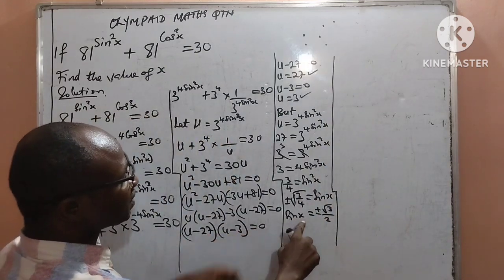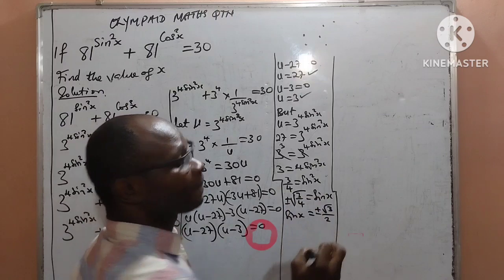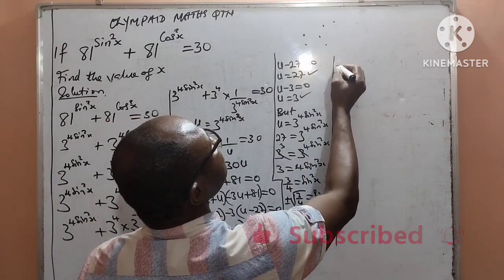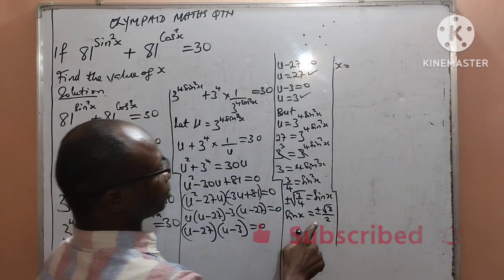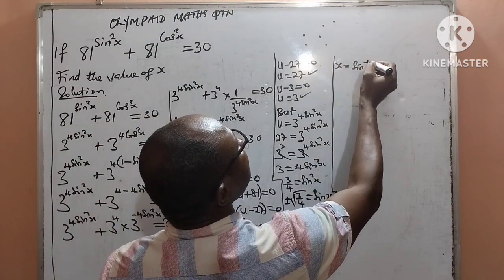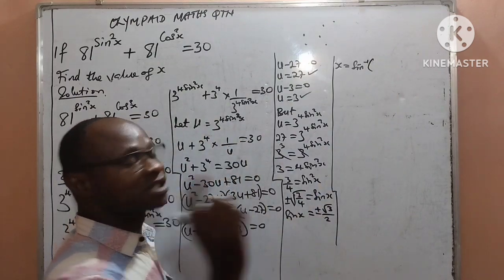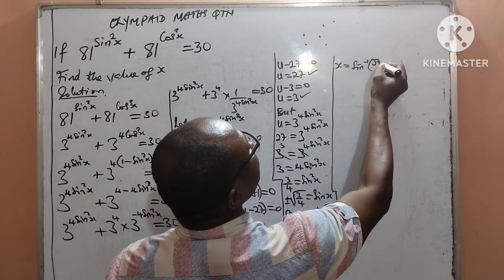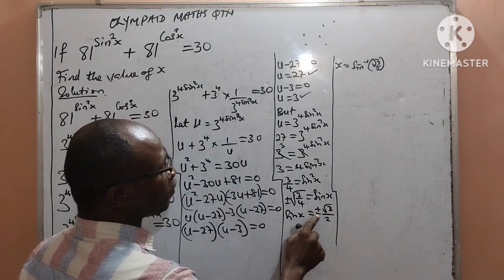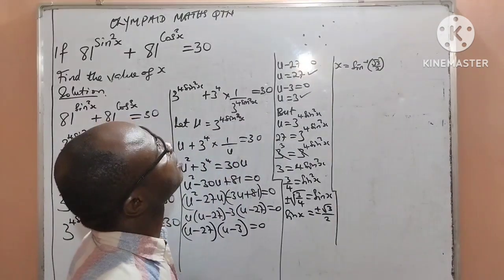If sine x is equal to this, it means that x will now be equal to sine inverse of the positive root 3 over 2. After that, I will take the negative one since I have plus or minus.